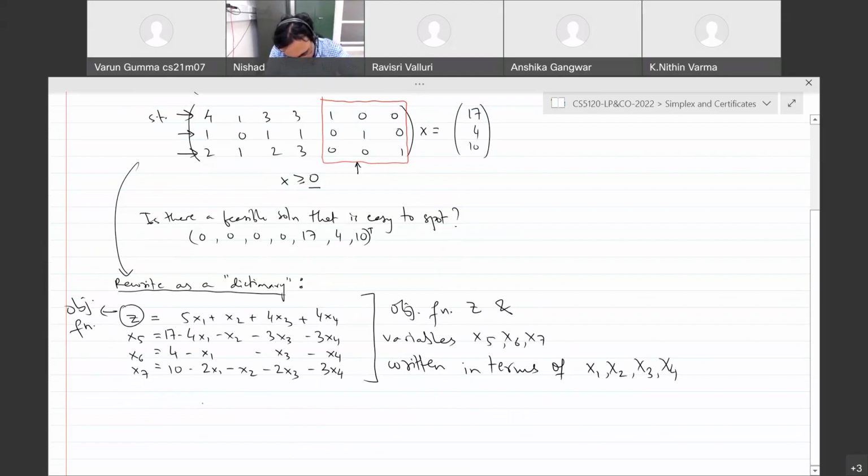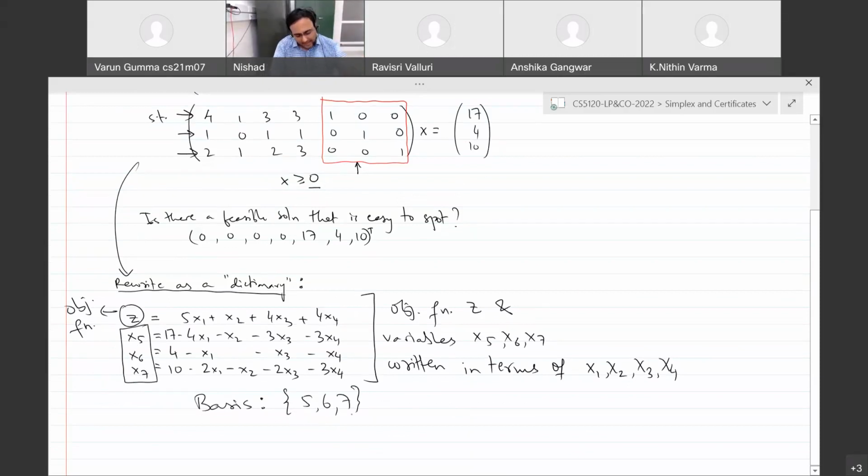And for each dictionary, we are going to have a basis. The basis is going to be the variables you see on the left side, 5, 6, and 7. I will just write the indices, 5, 6, 7.